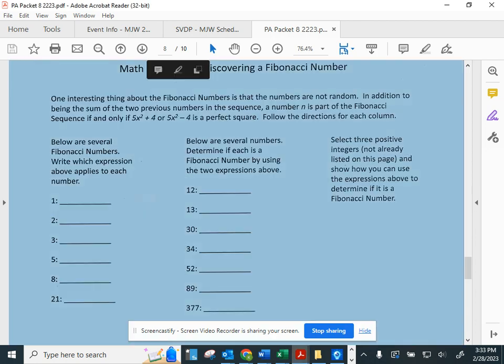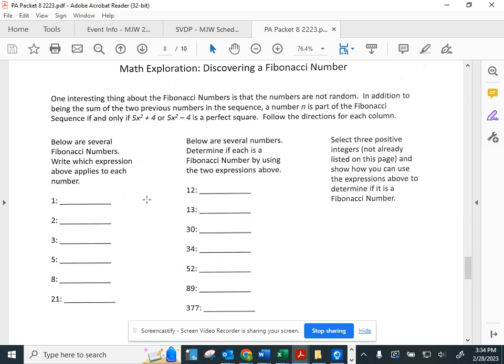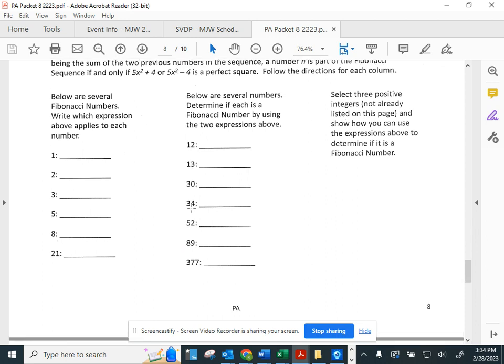For this first column, below are several Fibonacci numbers. We know that they are Fibonacci numbers. Write which expression above applies to each. So if we do this, or if we do this, one of those is going to give us a perfect square.